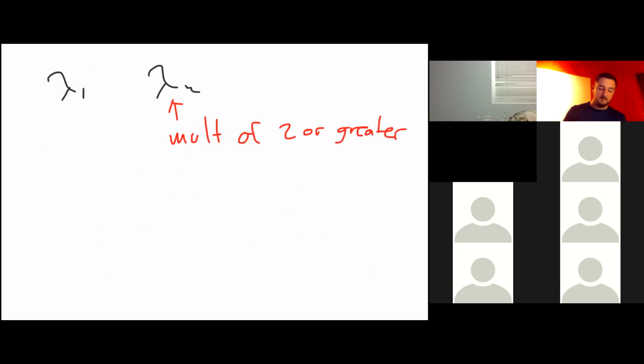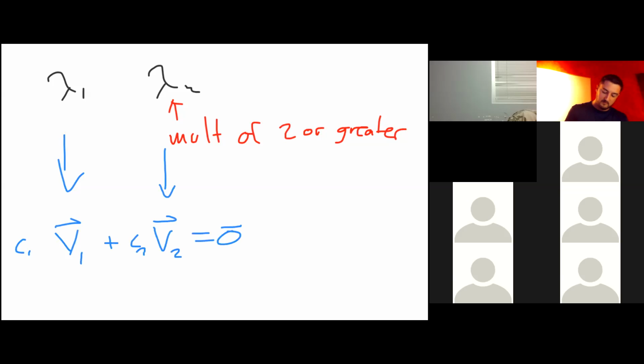what we're saying with this theorem is lambda 1 will give me some eigenvector. Lambda 2, even though it has higher multiplicity, that specific lambda would give me another vector. And when I look at these two vectors, they still are linearly independent.